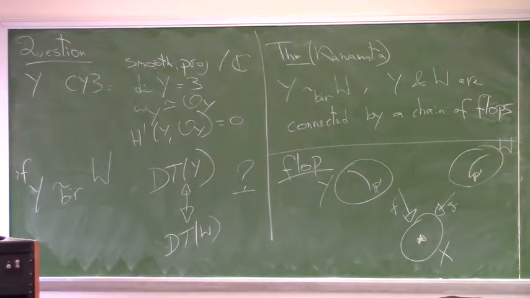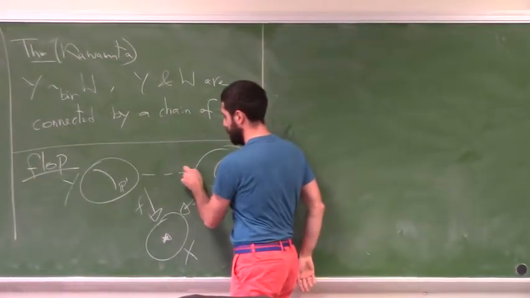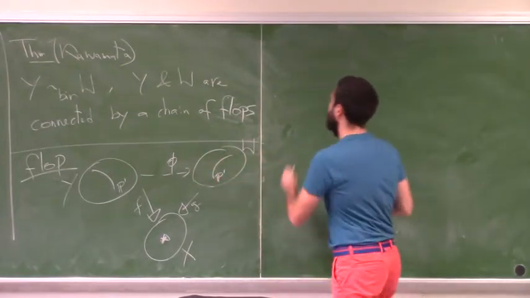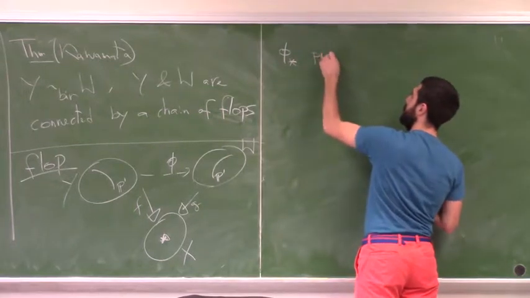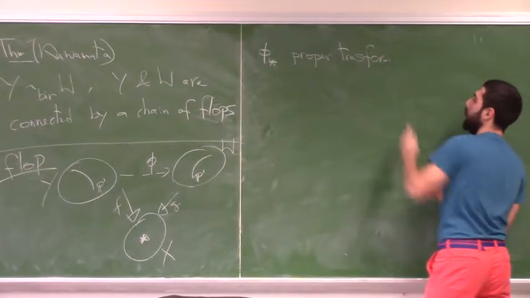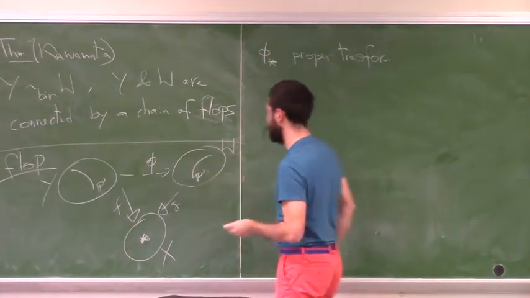But let me just write down. So basically what I'm saying here is that if phi is one of these flops, I'll have an identification phi star, which is the proper transform on divisors, but I can also interpret it as being a proper transform between the curve classes.